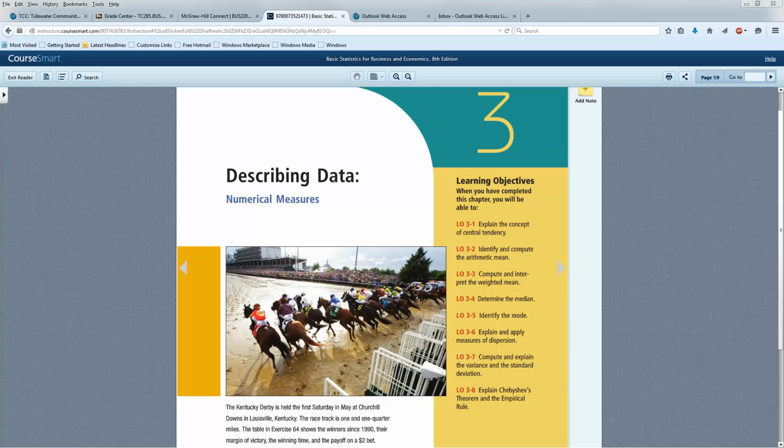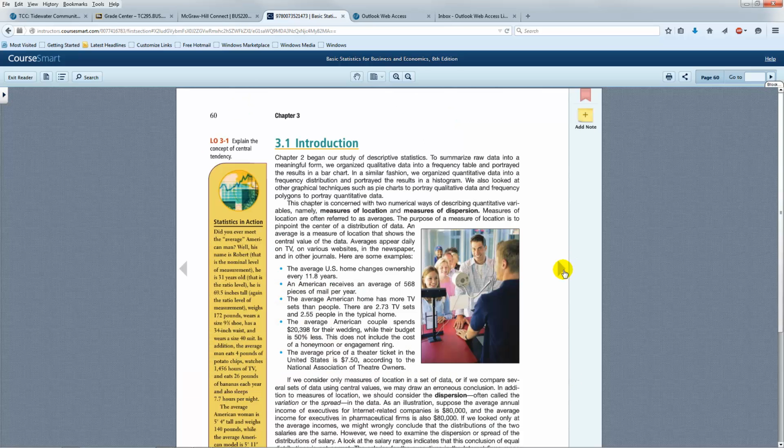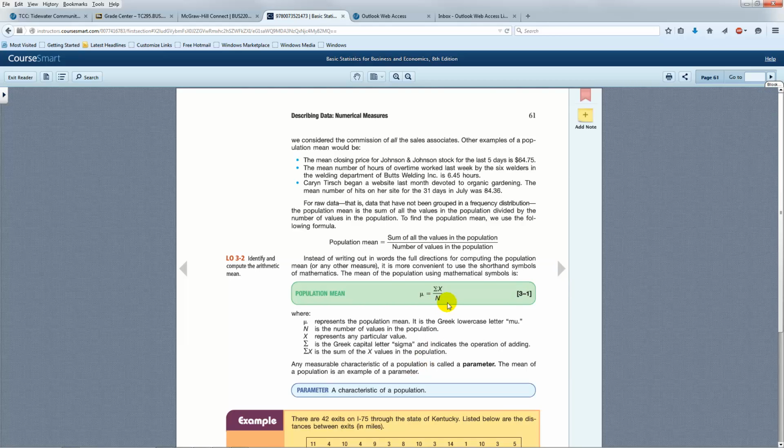Now, since most of us are already familiar with averages, let's start with means. The formula for mean in your textbook is right here for your population mean. And the mu, this character here, stands for population mean, and the N stands for the number of values in the observation.